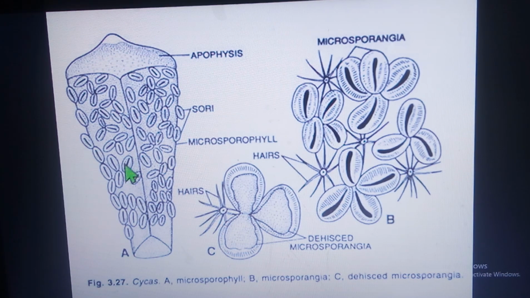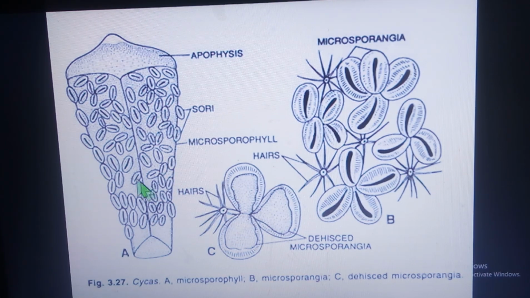The microsporangia are either scattered or formed in groups of 3 to 6. Sometimes 3 or 4 or 6 microsporangia you will find in groups.